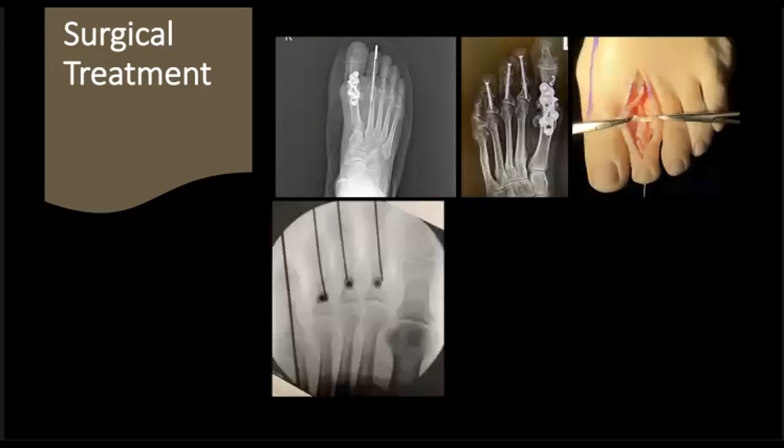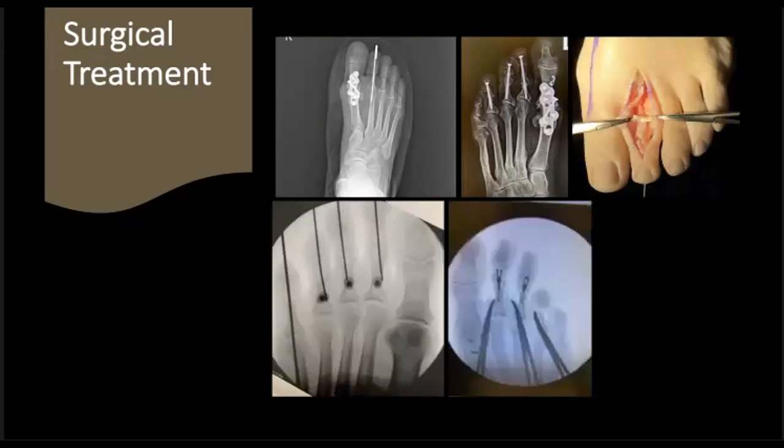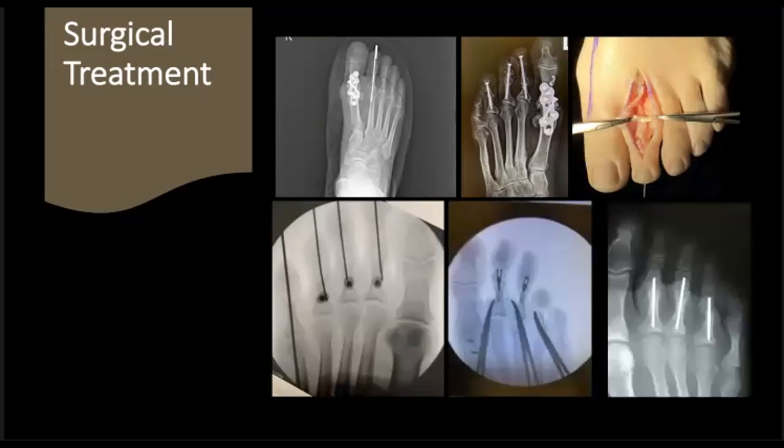You have companies now coming out with more of a MIS type of construct where there's less dissection and you're able to transfer tendons without really transferring the tendon. Here's intramedullary implants, and then you can actually make your own intramedullary implant with the use of K-wires. So you have plenty of options, and I think sometimes this can be overwhelming for surgeons because there's so much out there. I don't think there's right or wrong. It's really coming down to what you feel comfortable with.